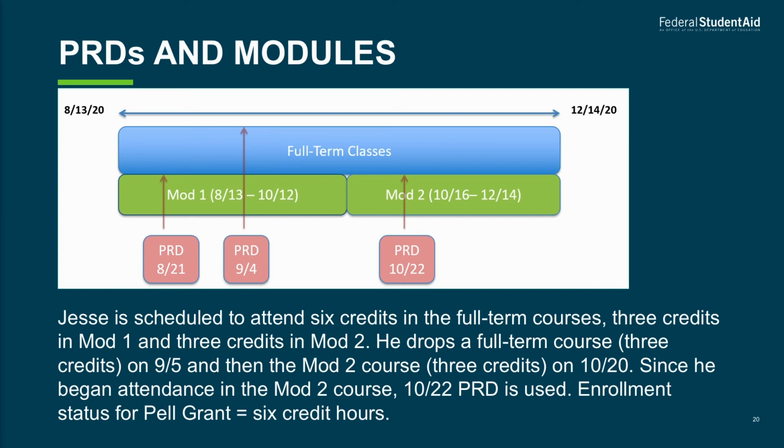Since he began attendance in Module 2, the Module 2 PRD of October the 22nd was activated. Prior to the 10-22 PRD, Jesse dropped 6 credits from the scheduled 12 credits, leaving him with only 6 credits to be counted towards his enrollment status for Pell purposes.